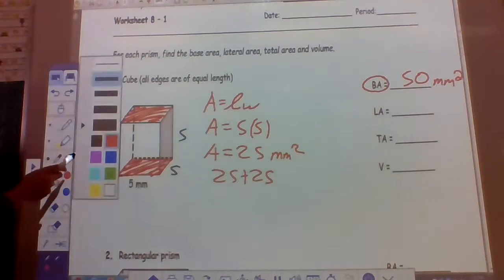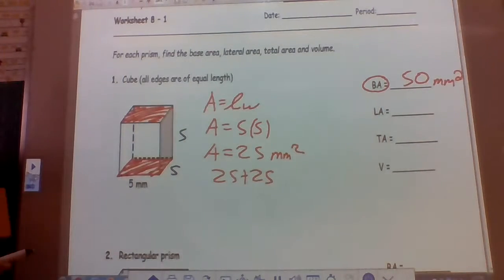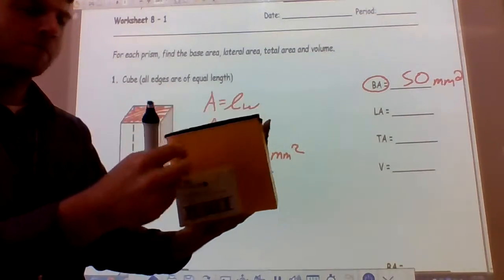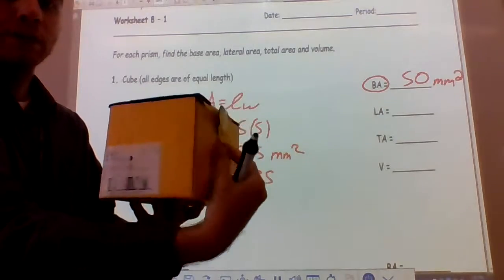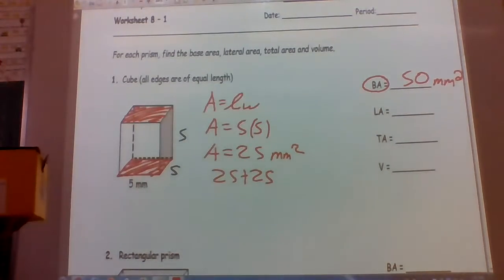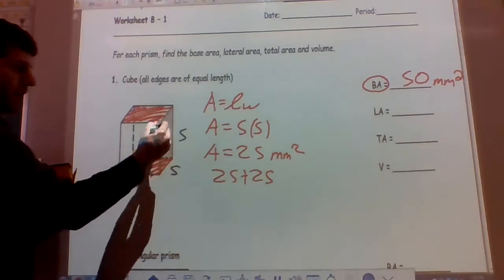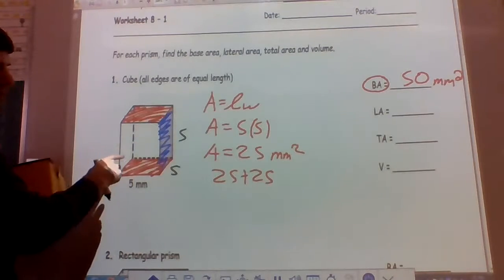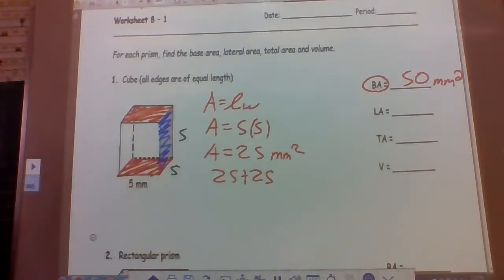Next, we want to find the lateral area, so that's the area of all the other sides. If we have the top and the bottom, those are the bases, then the lateral faces are going to be the other 4 sides. All of those sides are going to be 5 by 5. The front's going to be 5 by 5, the left's going to be 5 by 5, and the back will be 5 by 5.